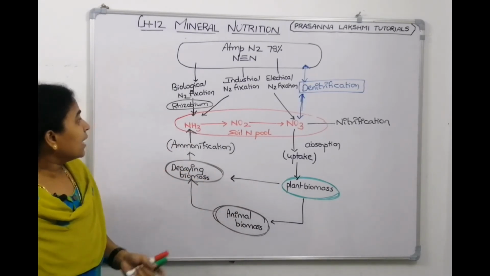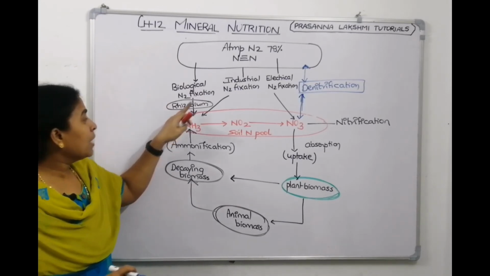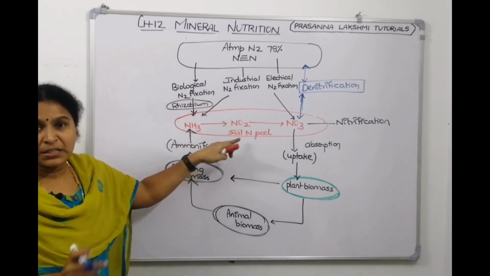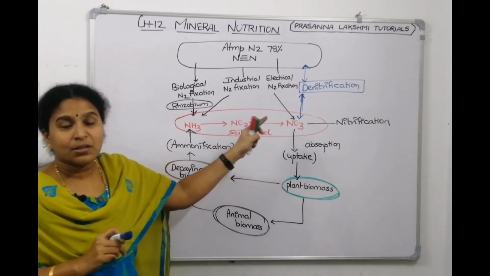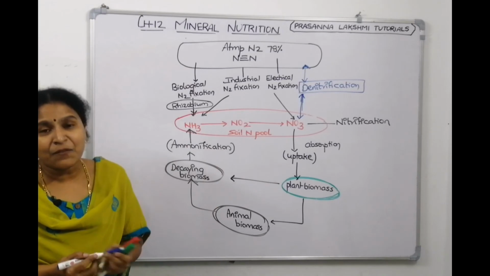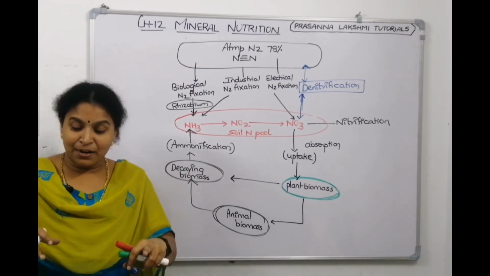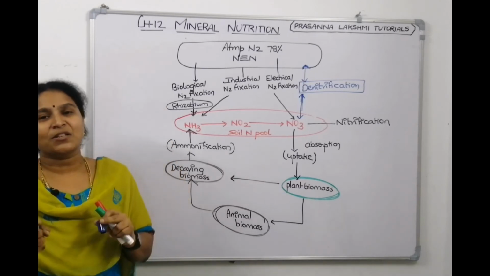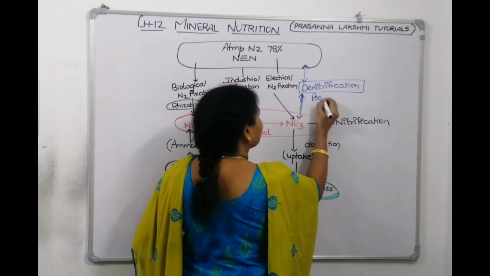Now, the bacterium which helps in biological nitrogen fixation is Rhizobium. Industrial process also we will see in the next class. Electrical nitrogen fixation, I told you, UV rays, thunderstorms and all. Denitrifying bacteria, what are the bacteria which have an ability to pick the nitrogen from the soil and give it to the atmosphere? They are called Pseudomonas denitrificans and Thiobacillus denitrificans.